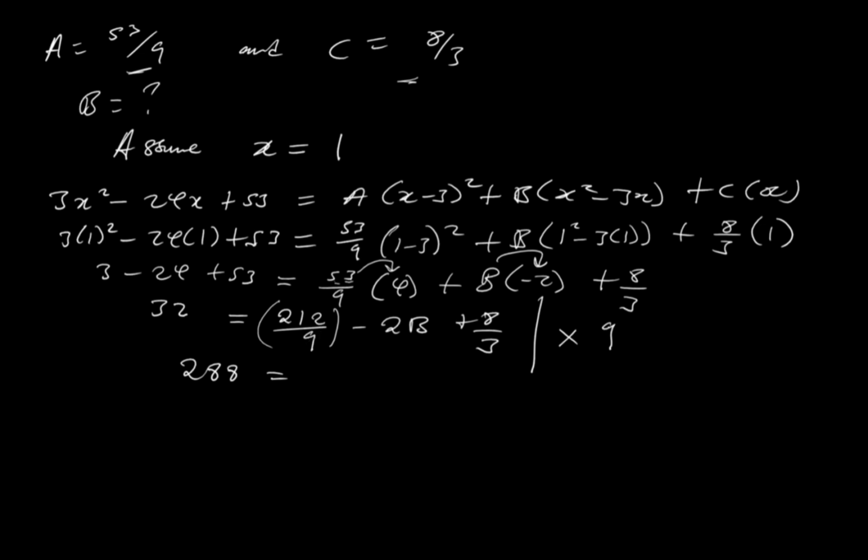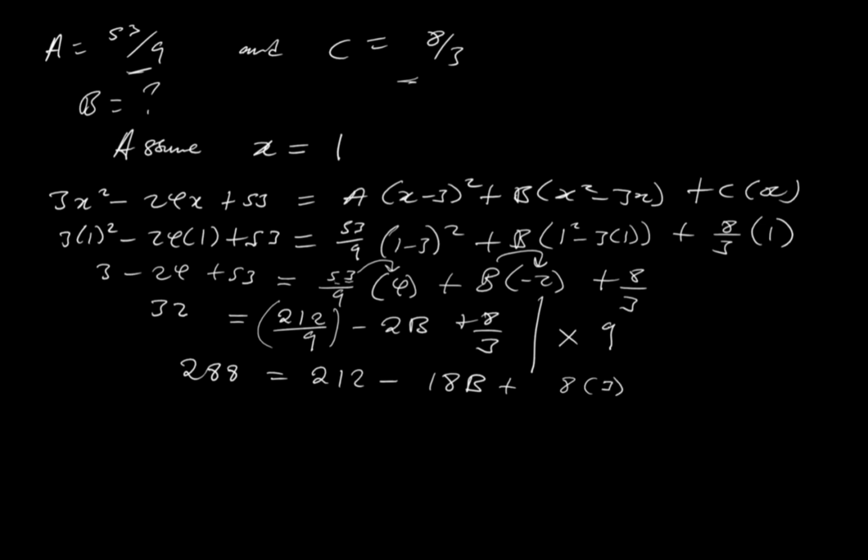So you end up having 212 minus 9 times 2, which gives you 18b, plus 9 times this, so you have 8 times 9 over 3. So you find that the 3 there will give you 3, and just 8 times 3. So to avoid that, we're just saying 8 times what?